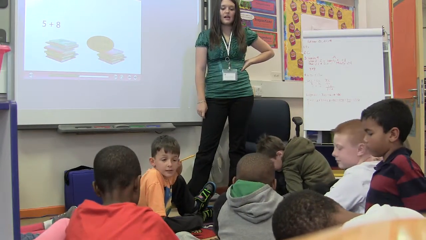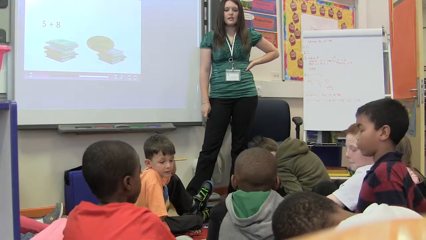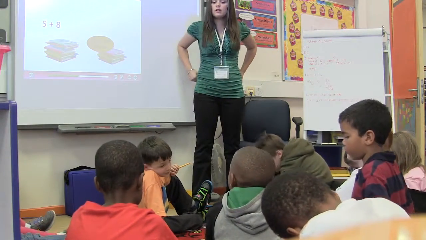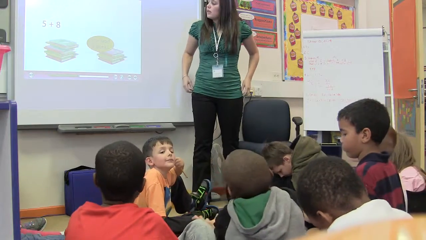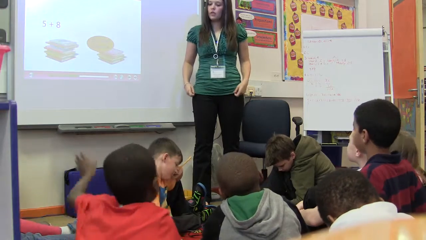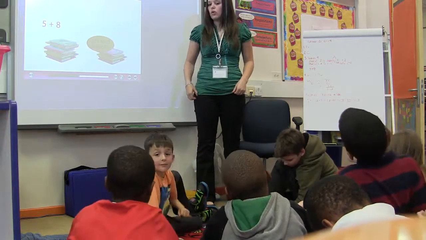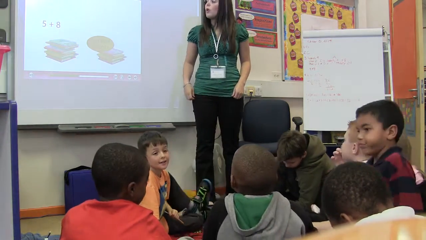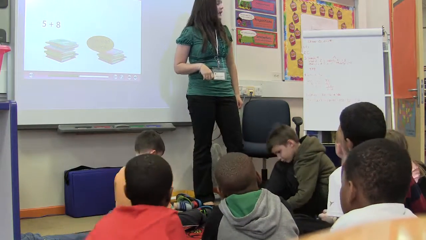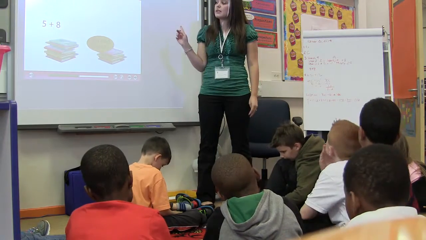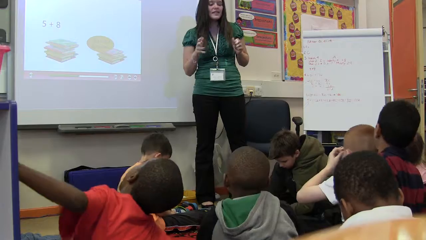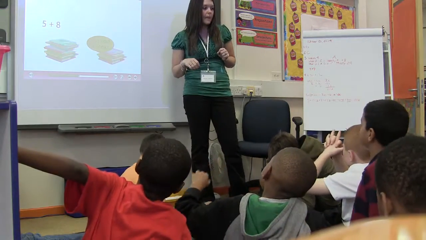What happens if you don't add those up, or do you have to add them up? He's confused what word phrase means. Word phrase means we're going to put it into the word form. So we're going to take 5. What does sum mean?